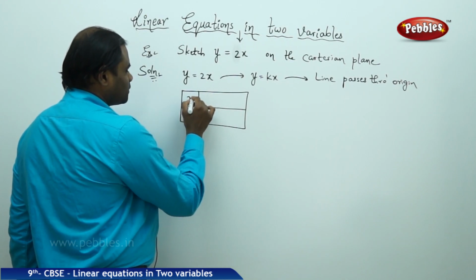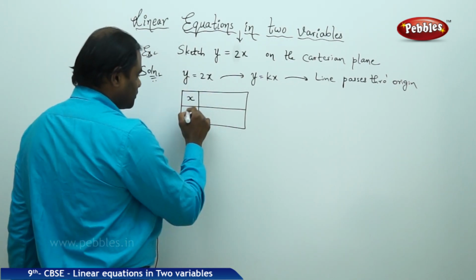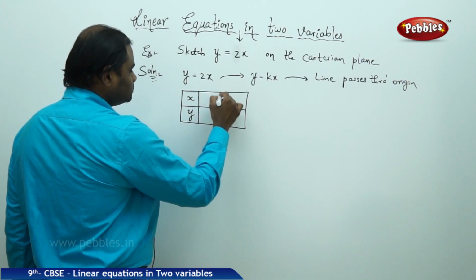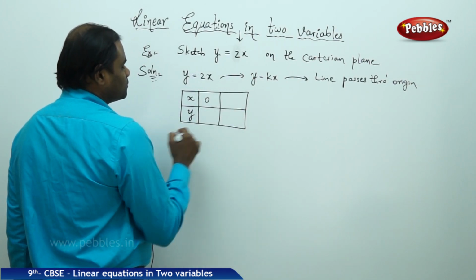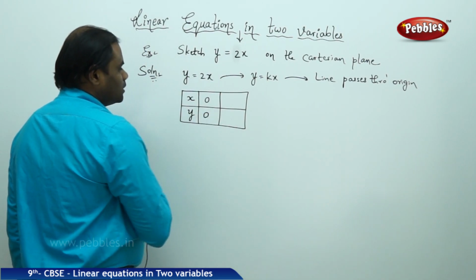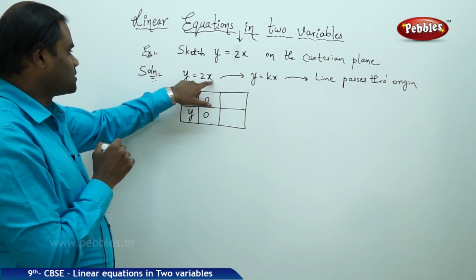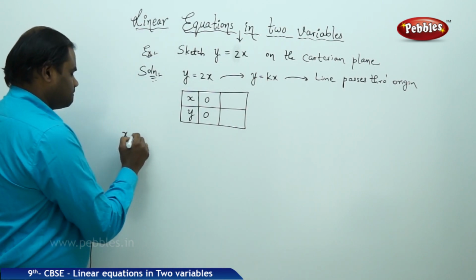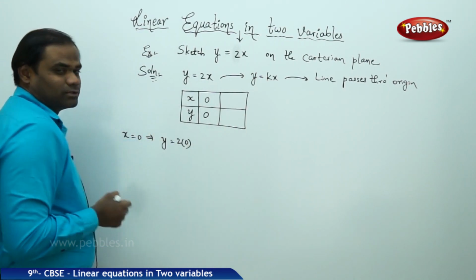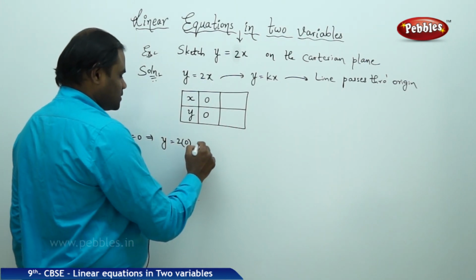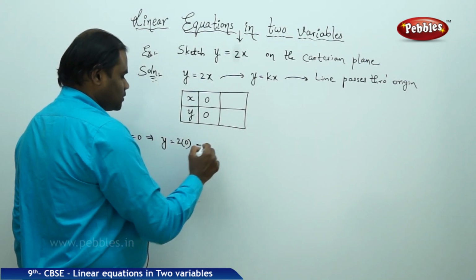My first row with variable x and my second row with variable y. When x is 0, my y is also 0, because when x is 0, my y is 2 times of x, which is 2 times 0, and this is 0.